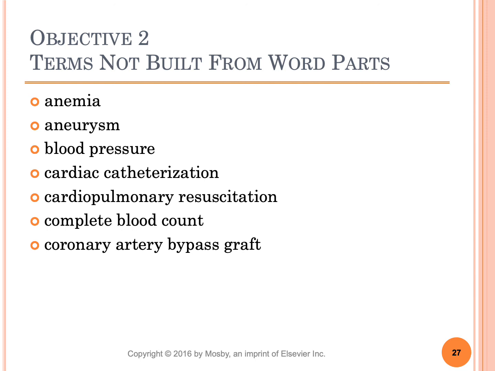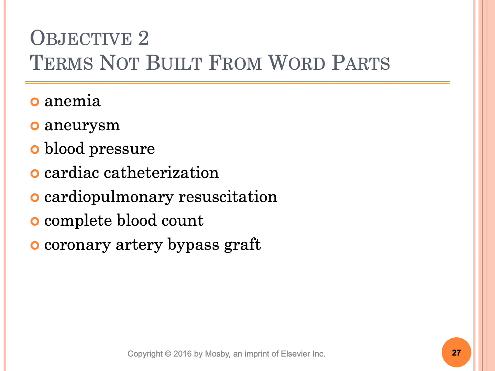Coronary artery bypass graft is often abbreviated as CABG, and we say that is cabbage. So if you've ever heard somebody had a cabbage, that's what they're talking about, a coronary artery bypass graft. This is a surgical procedure, and what it does is it restores blood flow to the heart muscle, because the coronary arteries are the arteries that supply blood and oxygen to the heart muscle.